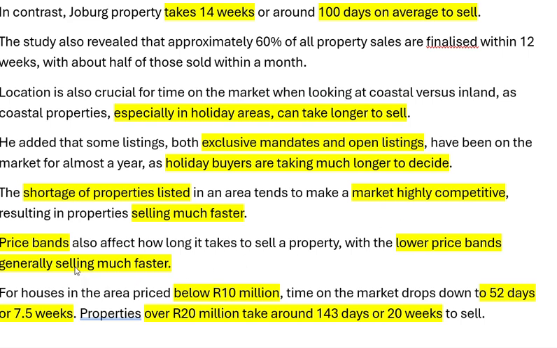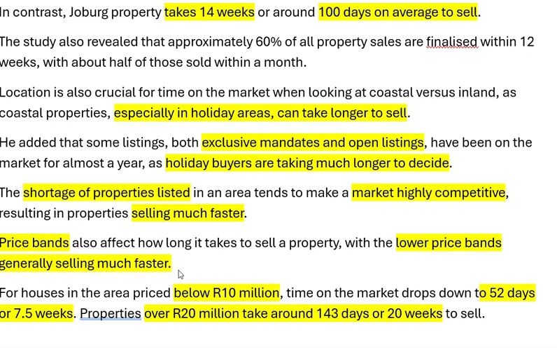Price bands also determine how long the property stays in the market. We know that South Africa is a developing country, so if it's in a lower price band, it's going to sell faster because most people want to buy properties in a lower price band.